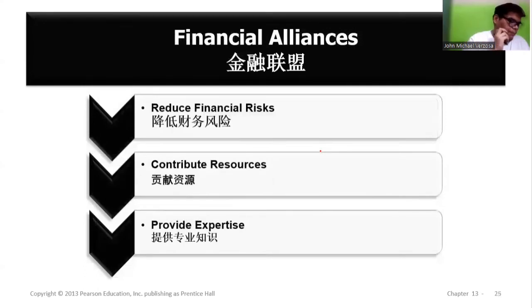So what is the role of financial alliances? Why is a financial alliance beneficial to the strategic alliance? Okay, because it first reduces the financial risk, and both companies or the parties, they contribute the resources necessary for the strategic alliance.